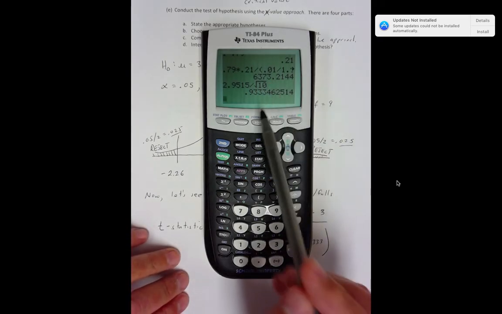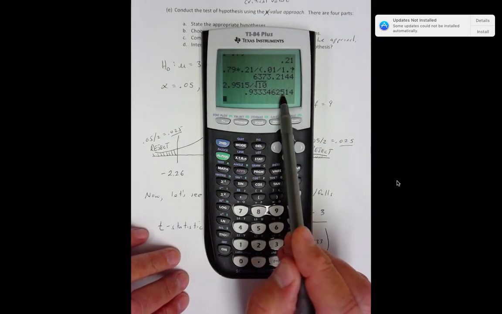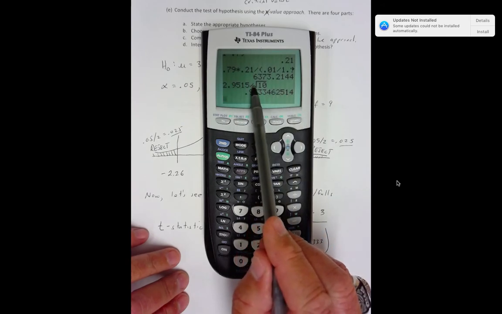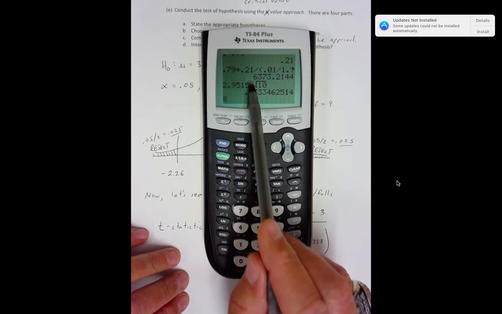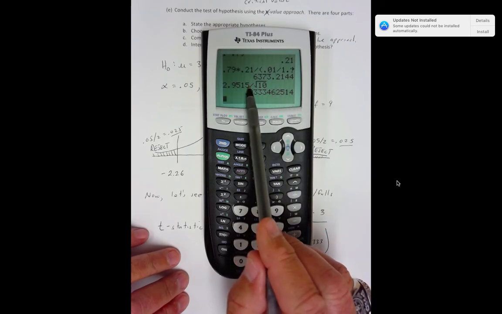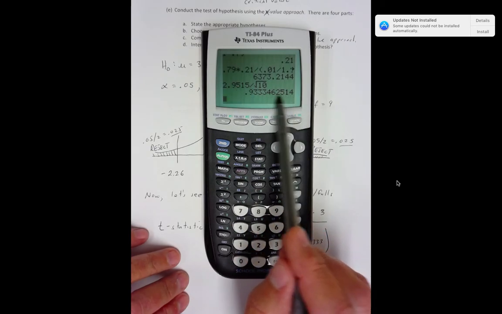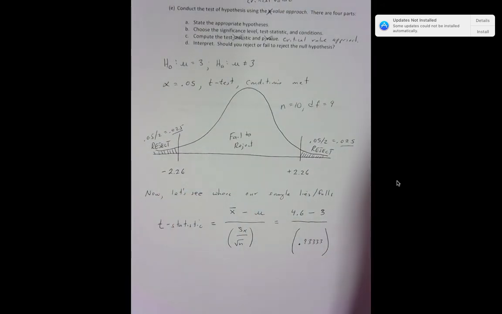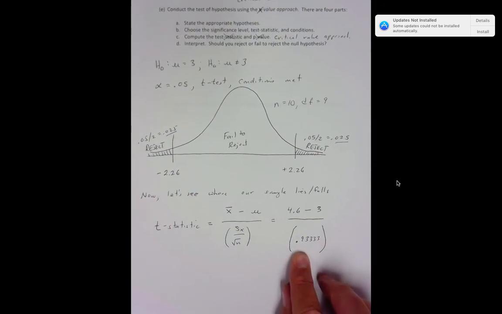Now, you might say, no, wait a minute, that had 3 forever, right? Well, guys, if I put this out forever, this 2.9515, and didn't round to 4 places, then I would get 0.9333 forever. But I rounded to 4 places, so I get some error out here at the end of the decimal. But nevertheless, I've got 0.9333.